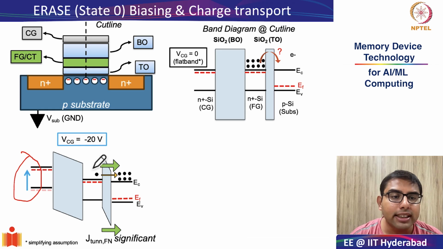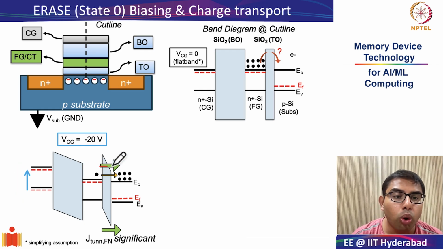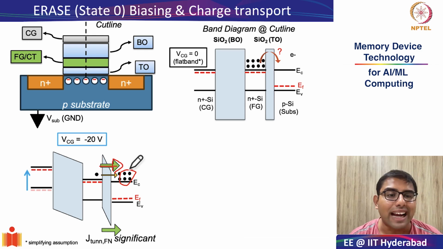So all these electrons which were stored in the floating gate through Fowler-Nordheim tunneling are flushed out into the channel region.